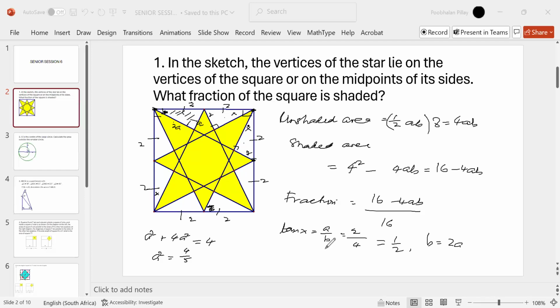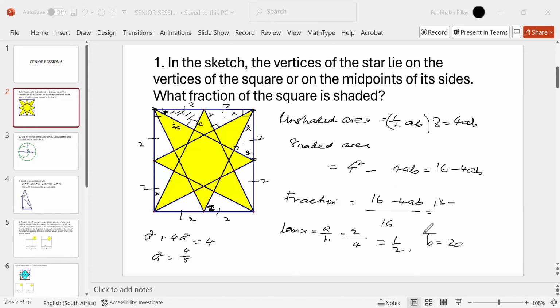Okay. So this fraction that we're looking at is 16 minus, and we saw that B is 2A.